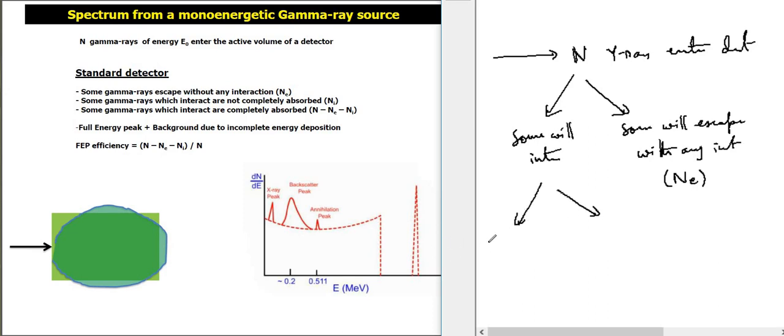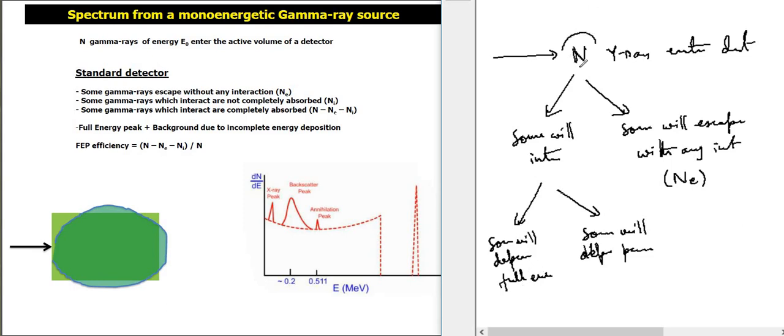Now out of those which will interact, again there will be two parts. Some will deposit full energy, and the other ones will deposit partial energy, not full energy. So they are not fully absorbed, and these ones are fully absorbed.